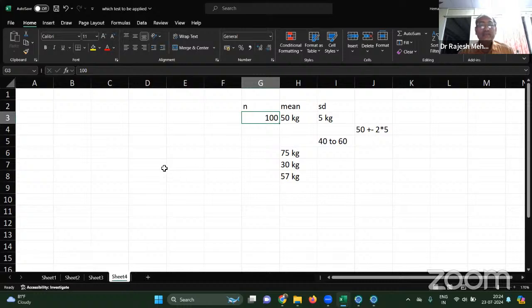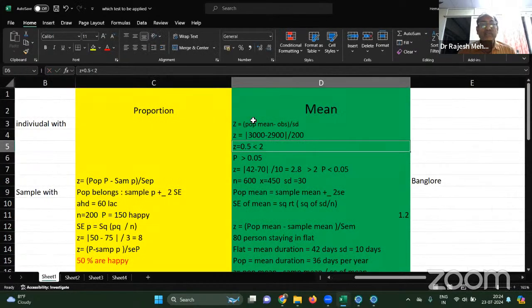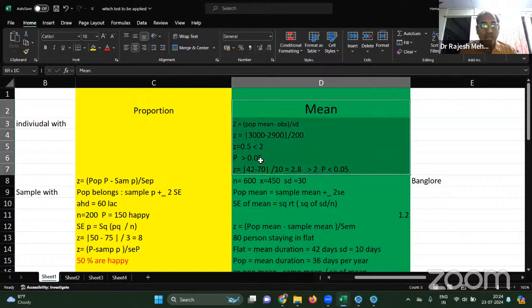So how do you write it in a formula? Z is equal to, this is the first Z which we are using to compare an individual with a population.